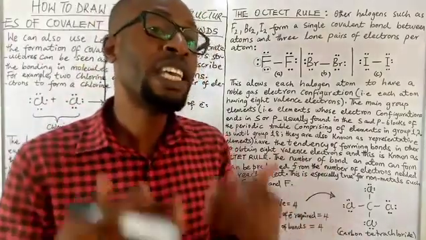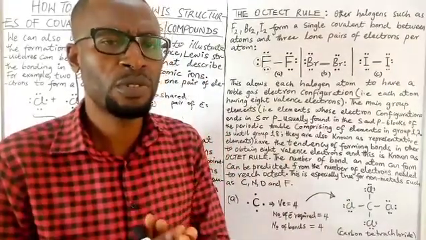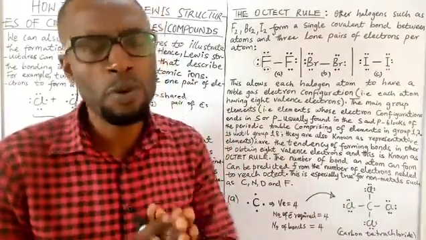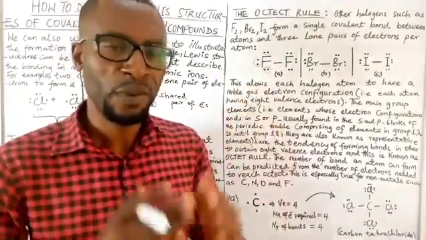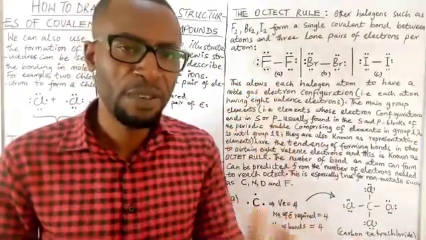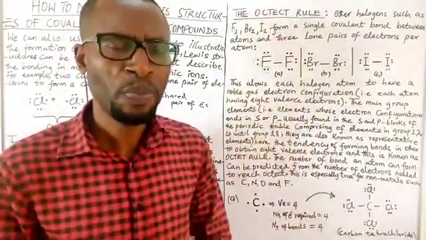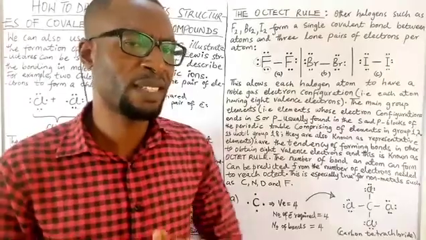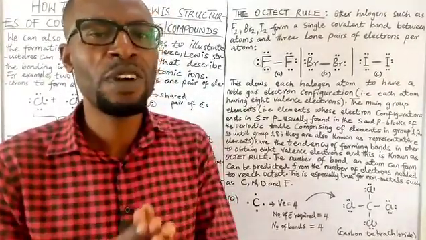We're going to draw even more complex molecules. But for us to draw those Lewis structures properly, there are set rules that we must follow. So in the next video, I'm going to itemize the rules that we must follow if we must depict the Lewis structures of complex covalent molecules.